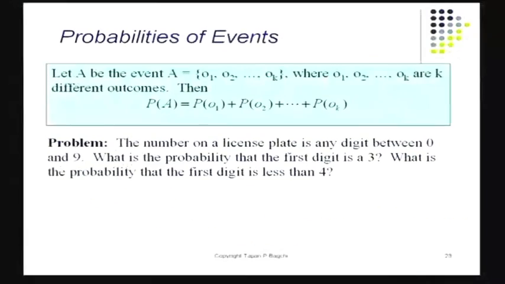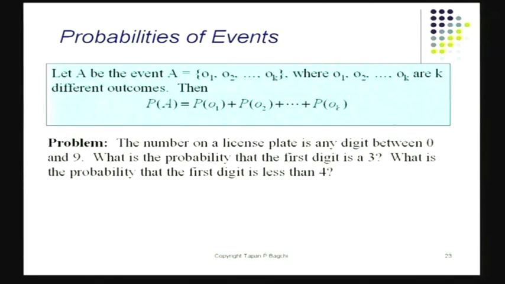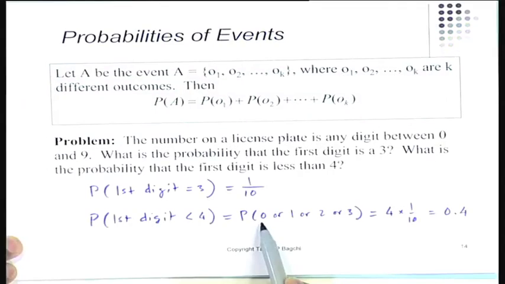Now suppose I ask the second question, which is what is the probability that the first digit is less than 4? Less than 4. That means 4, 5, 6, 7, 8, 9 are excluded. So what are the digits that could lead to the first number being less than 4? It could be that the number is 0, or 1, or 2, or 3.